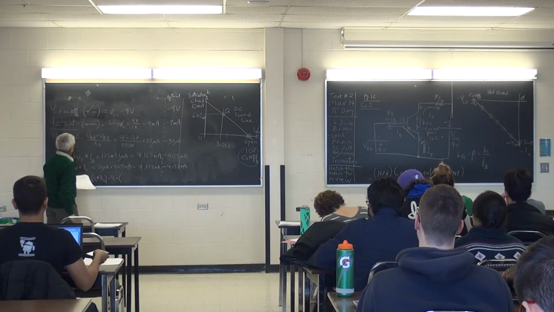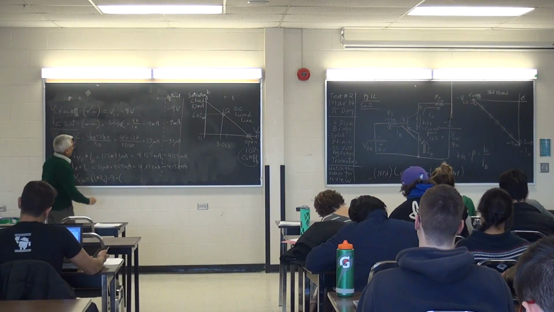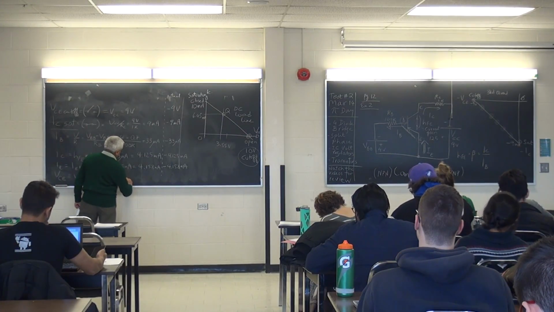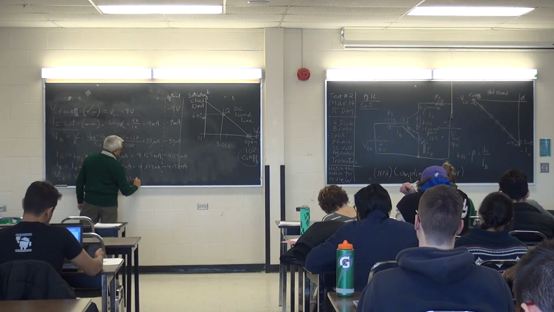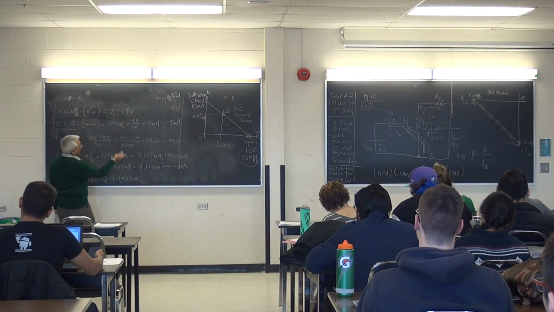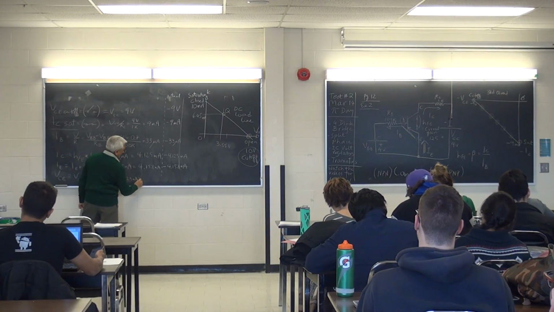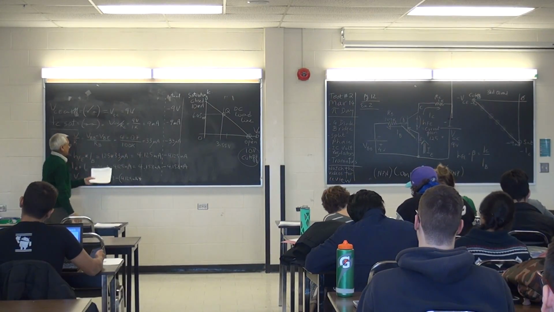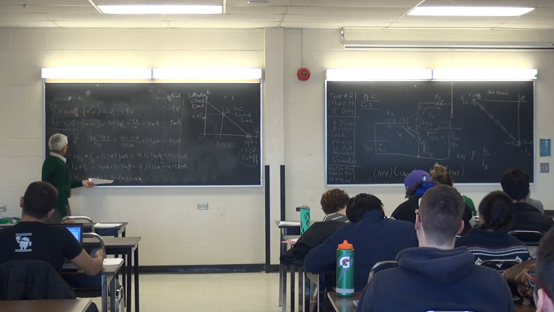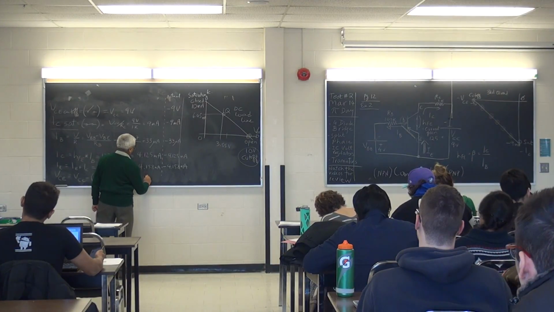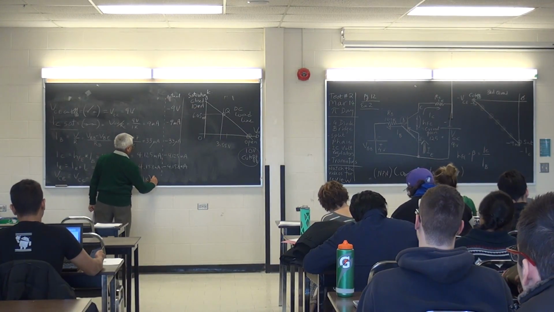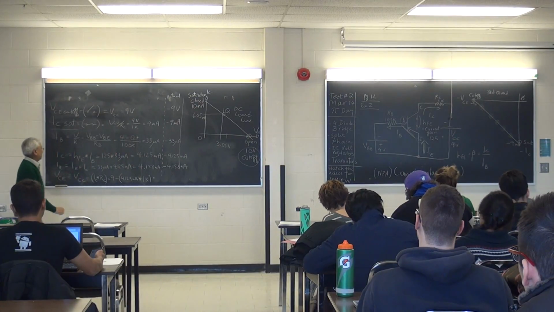minus IC, the one I calculated, 4.125. Do not use the negative one for calculation purposes. Just stick with the positive values. Times RC. 1K? How much?